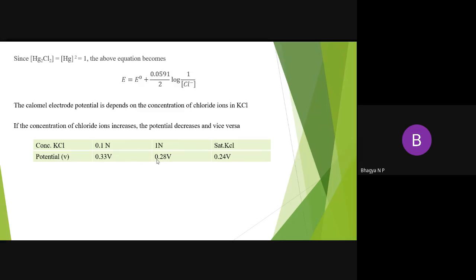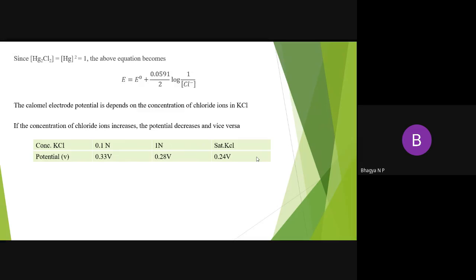So that is about the working of the calomel electrode. Working of calomel electrode means what you are supposed to write. First you have to write the reactions of anode and cathode, assuming that if the calomel electrode acts as anode, what kind of reaction takes place, and if it acts as cathode, what kind of reaction takes place.